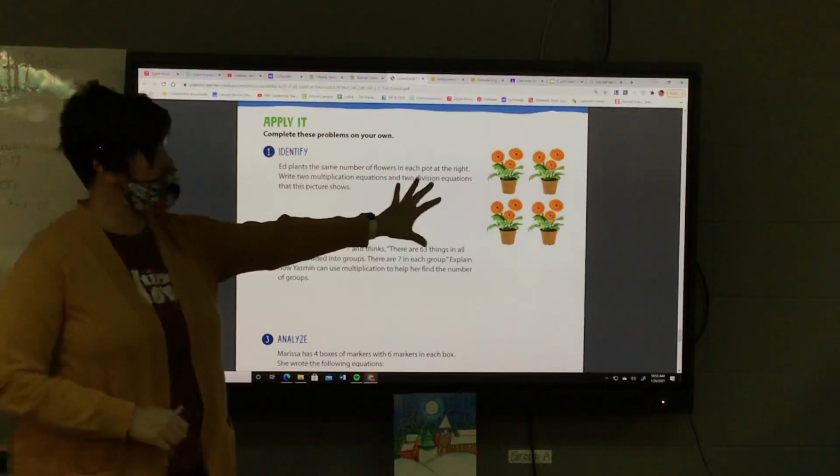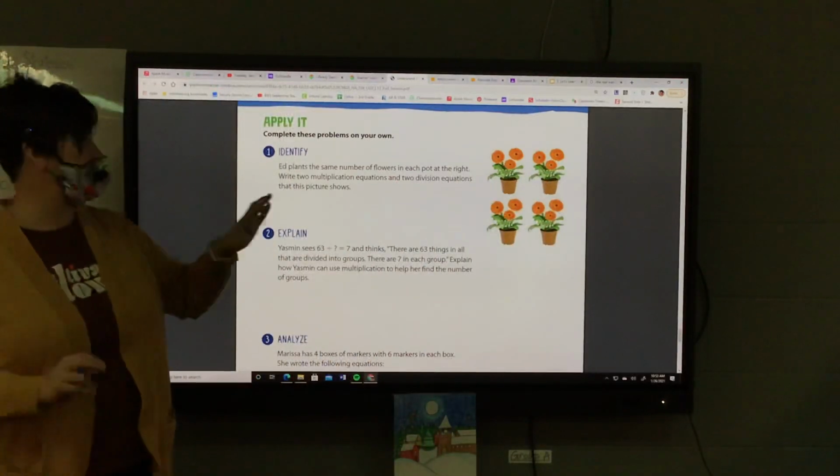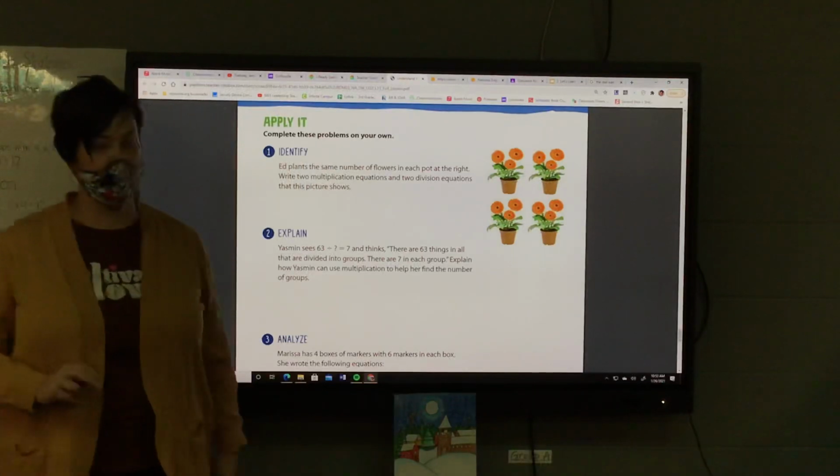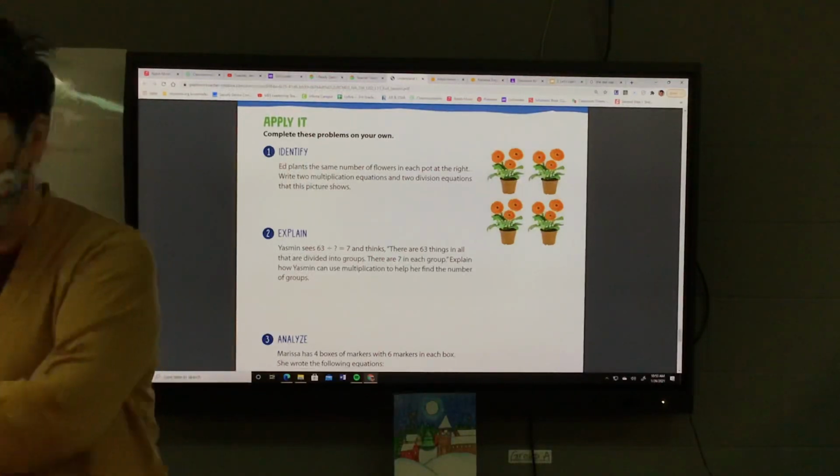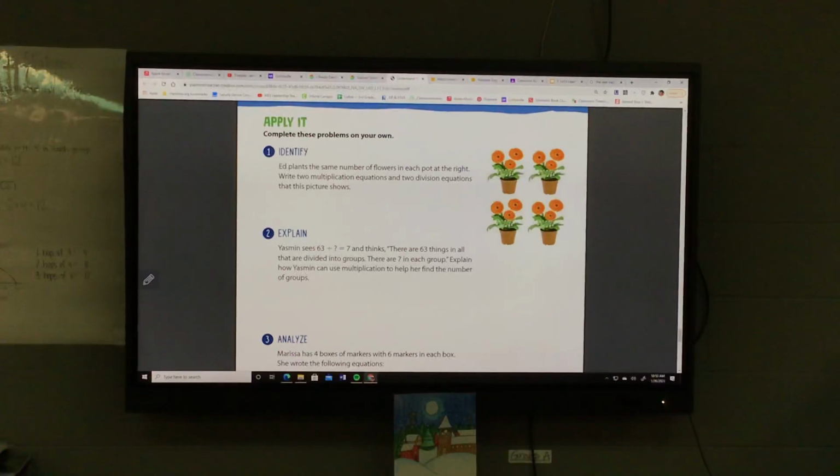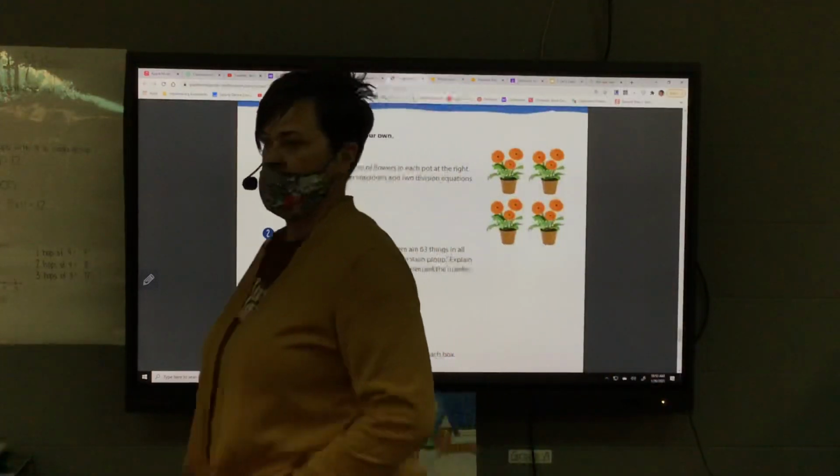So what two multiplication equations could you write and what two division equations could you write? Do that now. We're just creating a fact family. When your pencil is set down, I'll know that you're finished with that one.